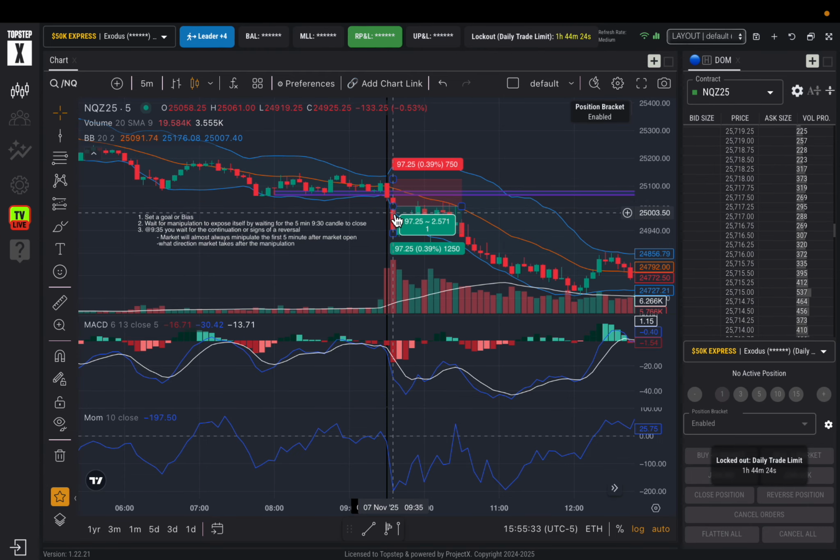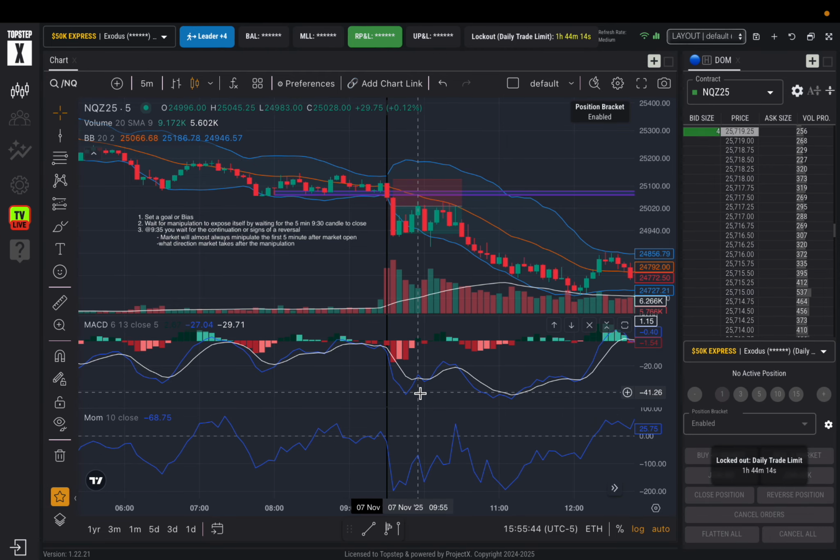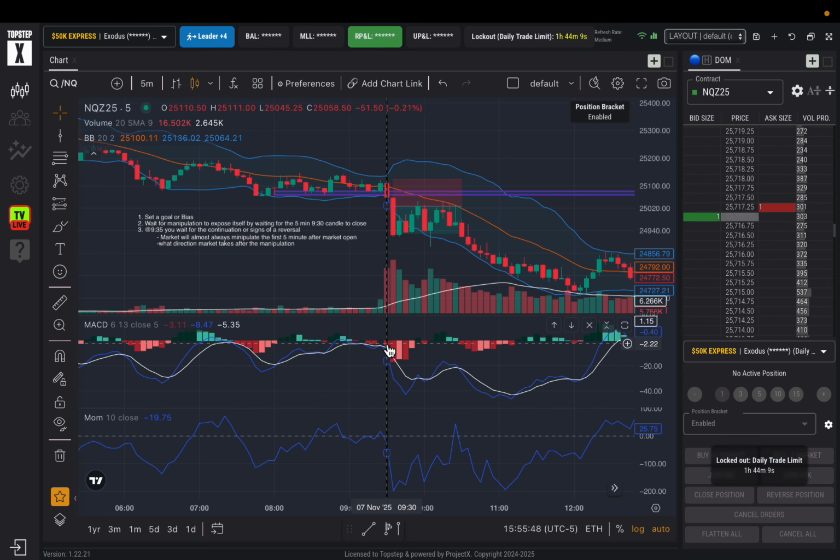And then we just saw a continuation. As you can see here, volume is rising, and the momentum is just aggressively bearish. So when you see that, there are no signs of the market cutting in and reversing back up.